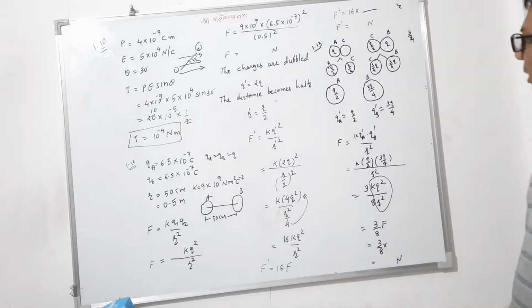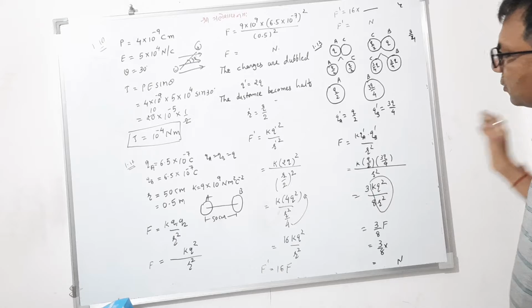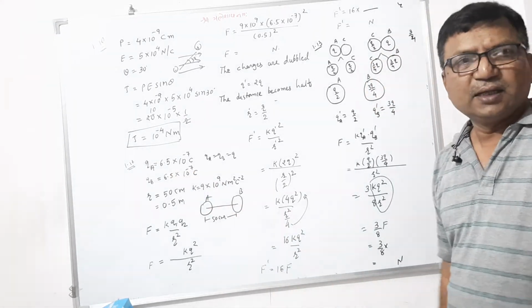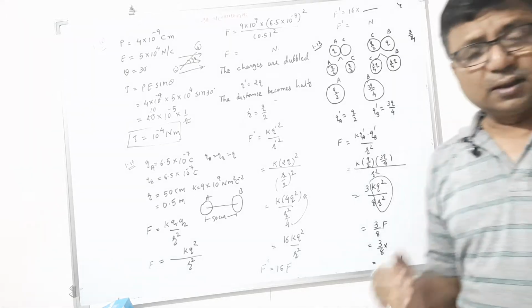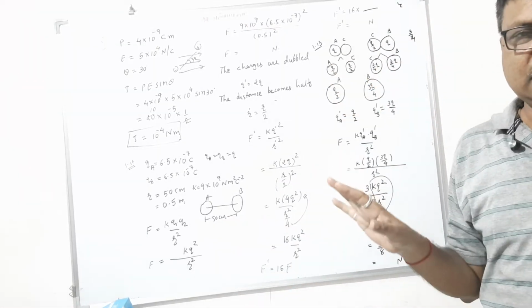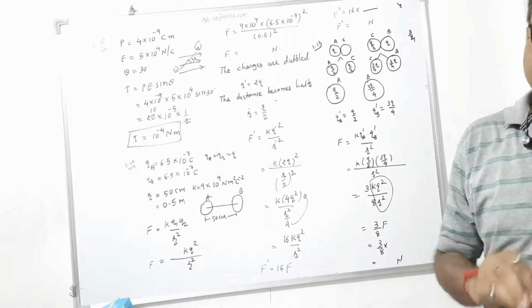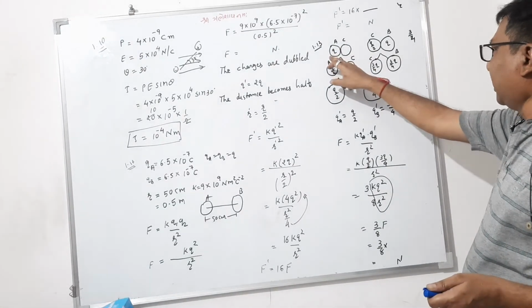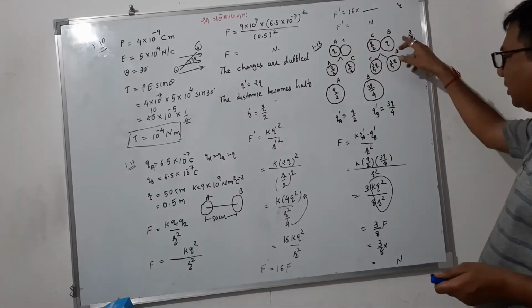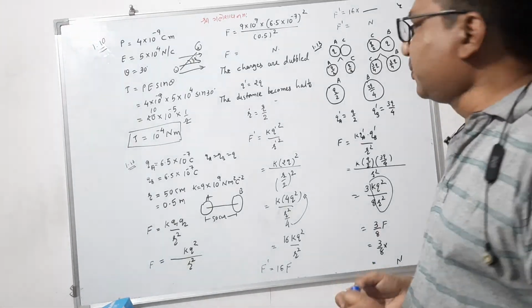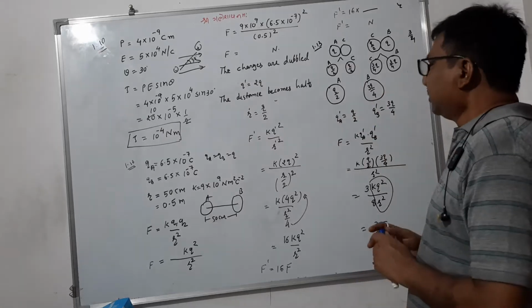Now 1.30 is also connected with 1.12. Here you are given a third sphere which has no charge. That means the third sphere is chargeless, which is first connected in contact with A and then with B. So in the new situation, what is the repulsive force between A and B?